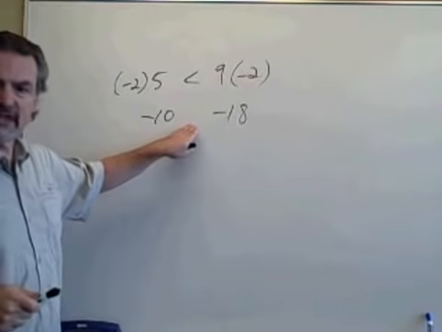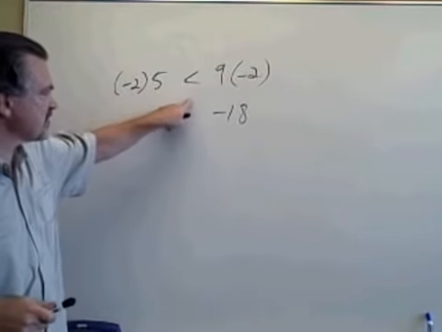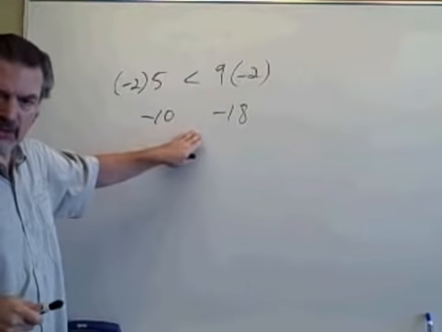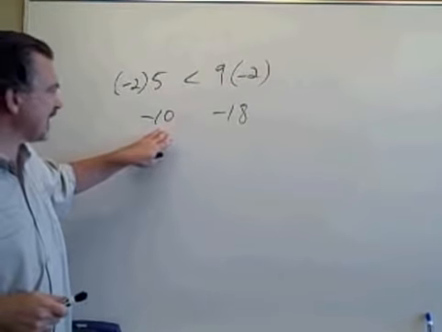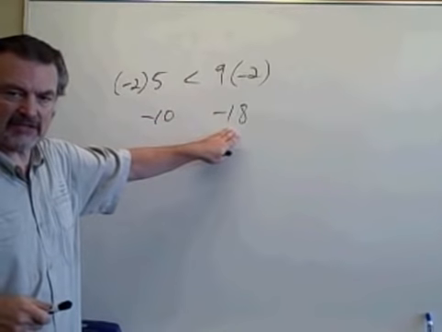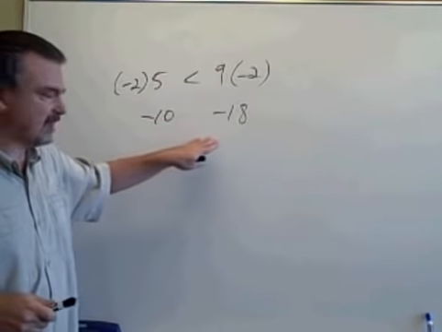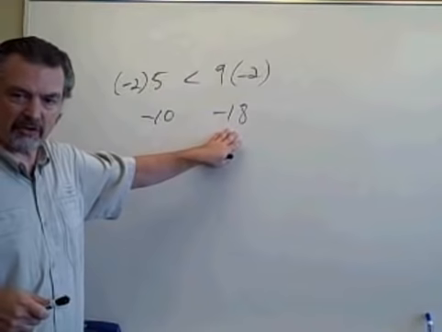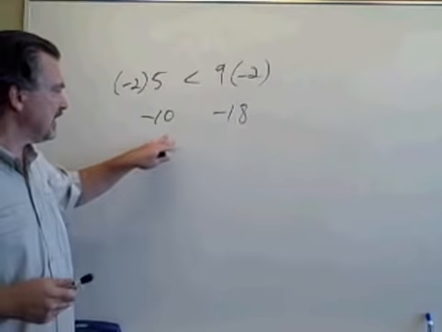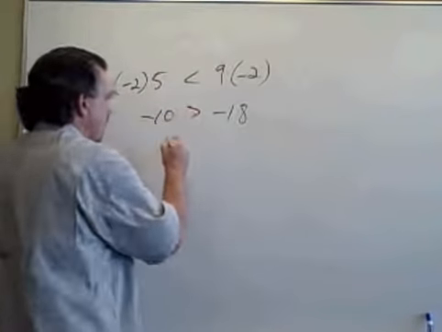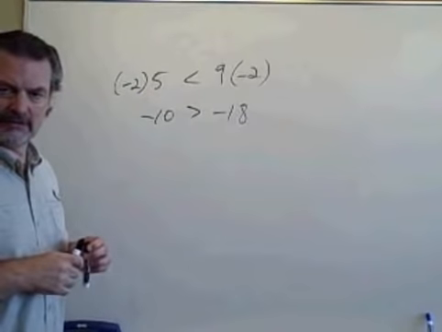Now, what's the case here? Is this still the inequality that describes this condition? Is negative 10 less than negative 18? No, it's not. Owing $10, you're better off than owing $18. Negative 10 is actually greater than negative 18.